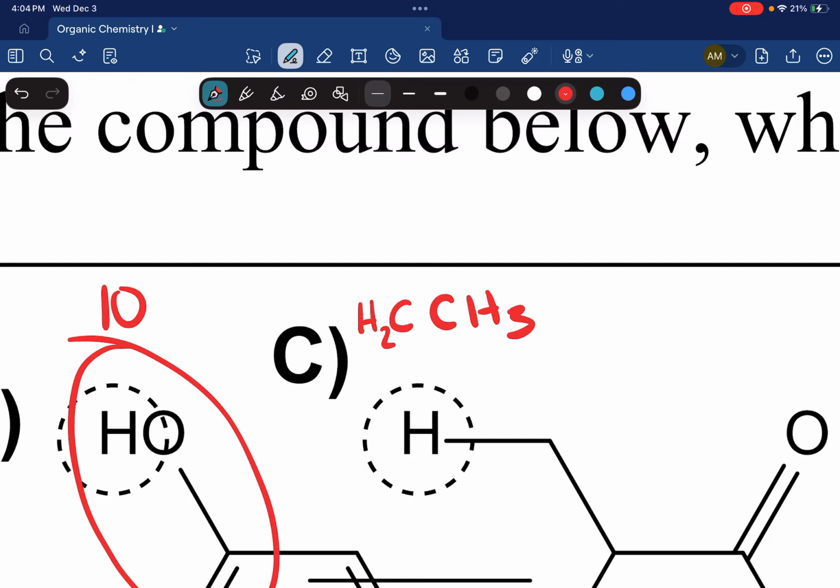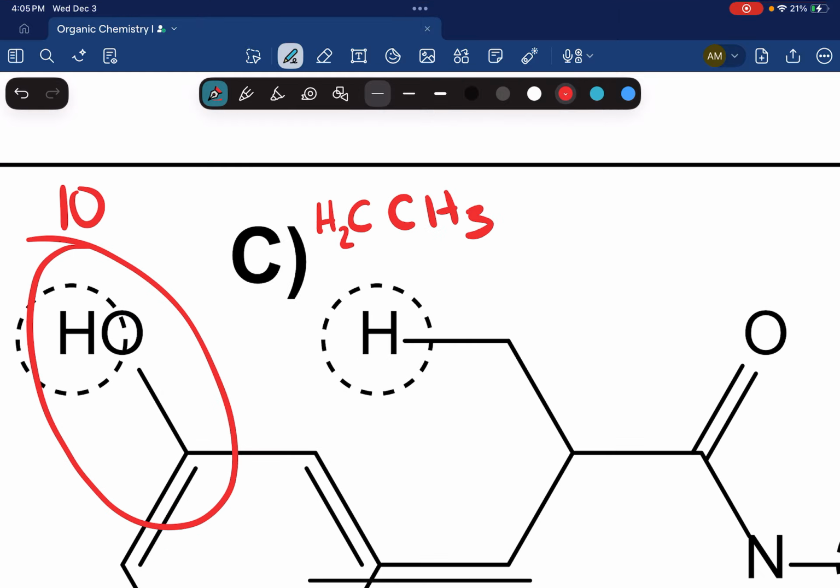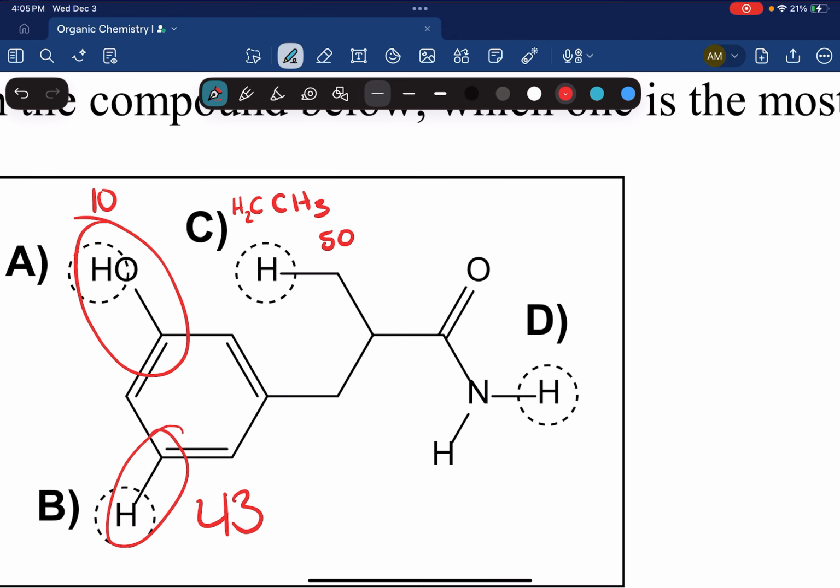I know the one on 50 is a CH3 to a CH3, but there's not a whole lot of difference between a CH2 and a CH3, other than it's bonded to an extra carbon, but carbon doesn't give it any more acidity. So this one's about 50.